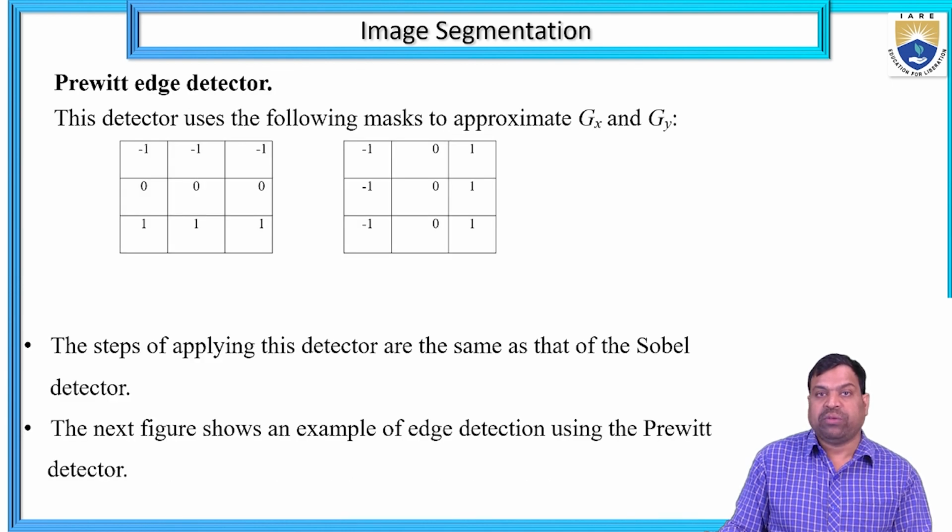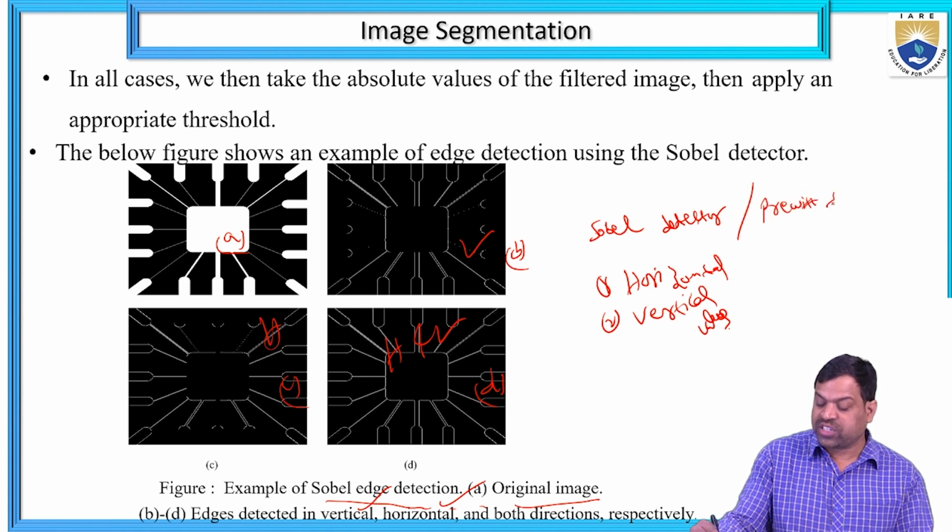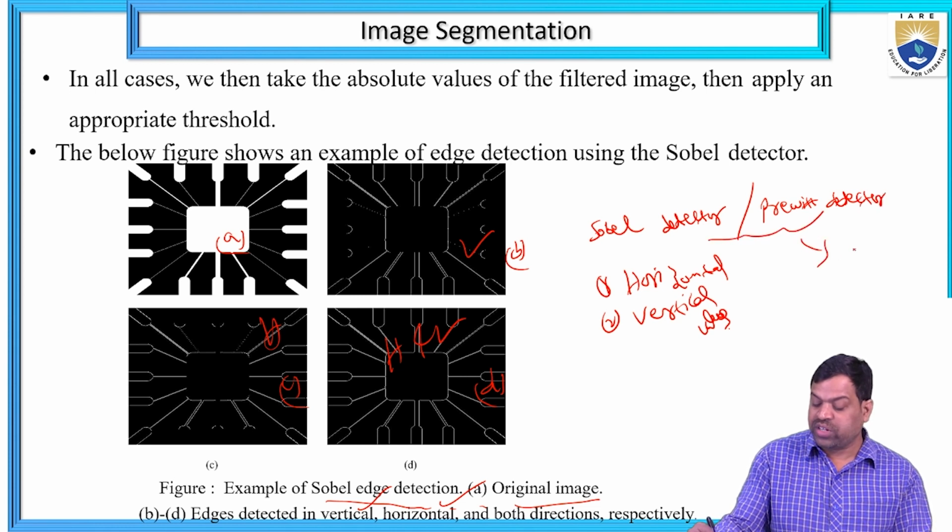Another is the Prewitt edge detector. Sobel and Prewitt detectors play a major role in edge detection.